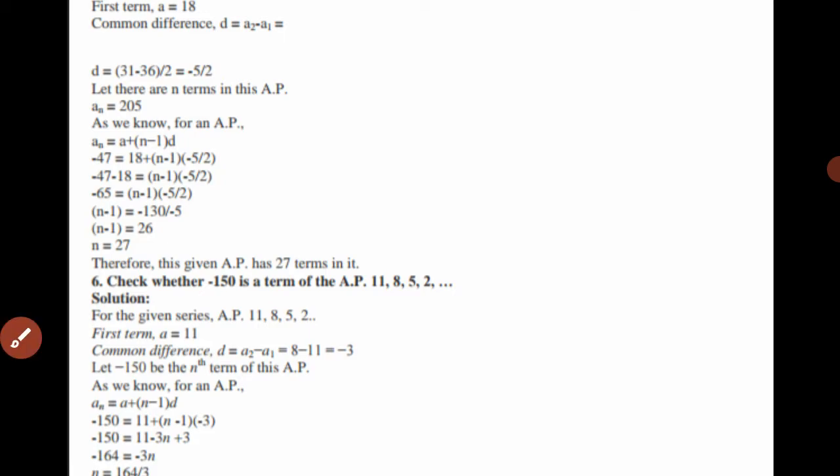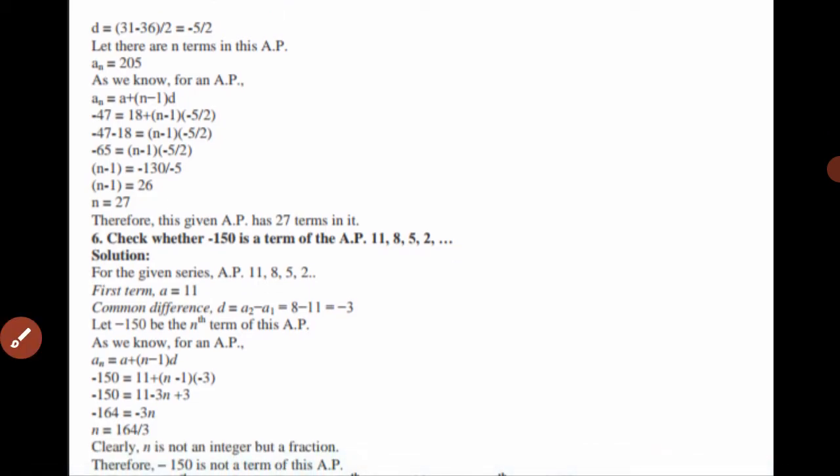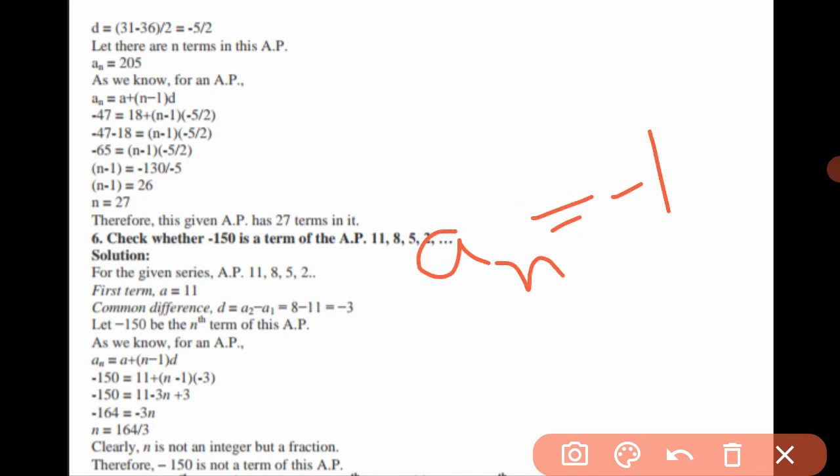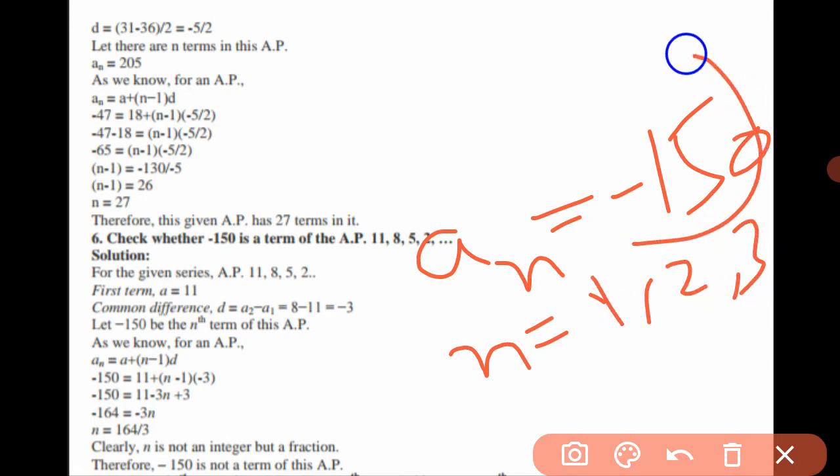Now in question number 6, we have to check whether minus 150 is a term of the AP. So we have to check whether minus 150 is a term of this AP or not. So here also we will use the same formula and we can take an equals minus 150. Now for finding its value, if the value of n is a whole number, that is 1, 2, 3, 4 or any other number, then this term will exist.